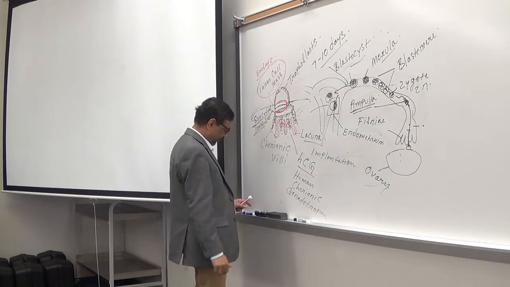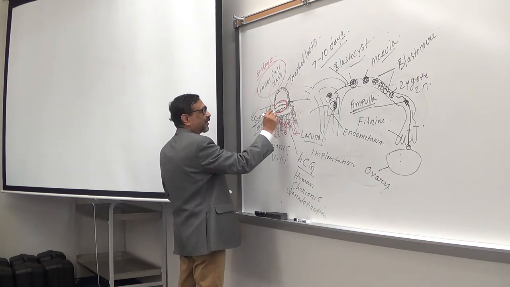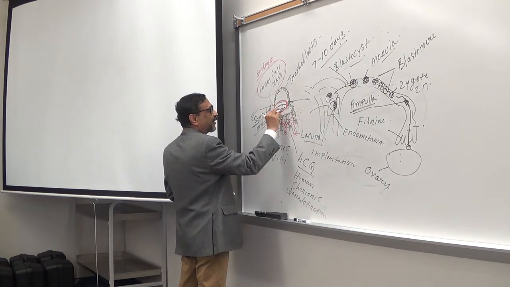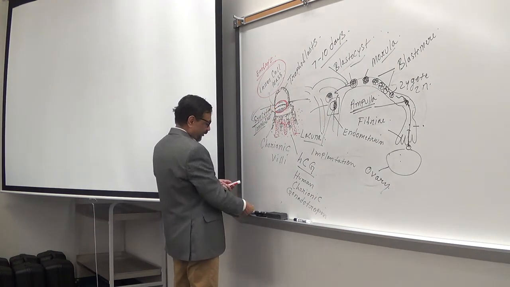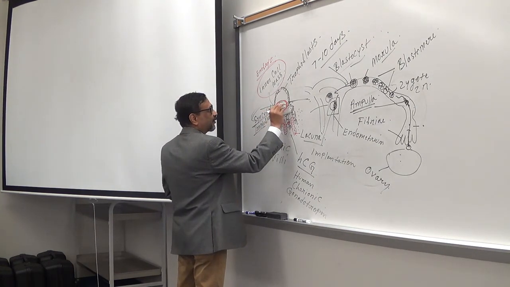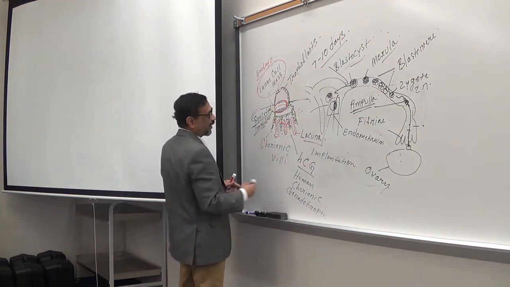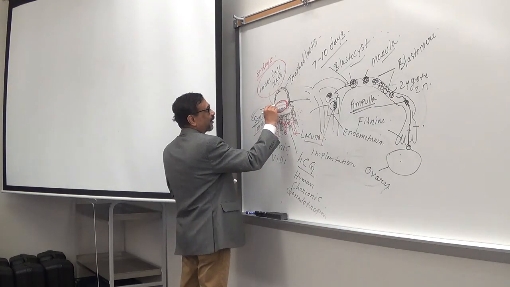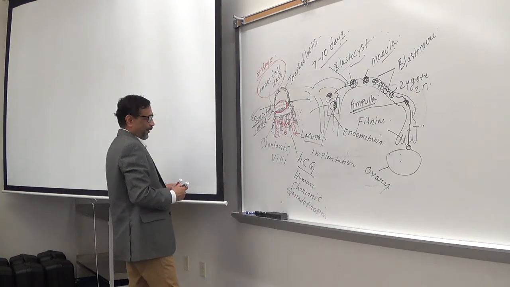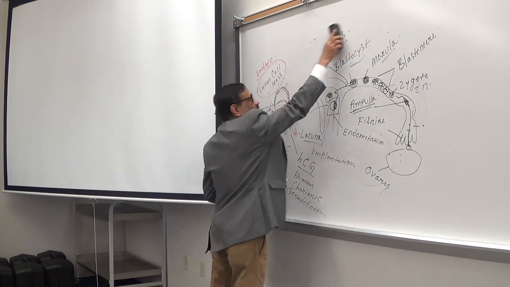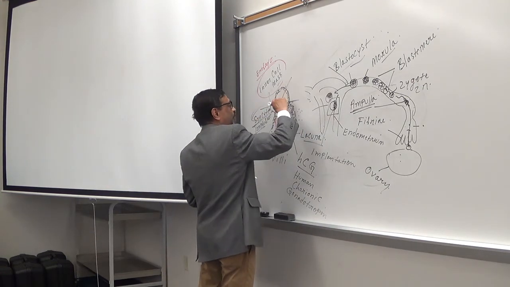How many? 3 layers. Like this is 1 layer, this is the middle layer, and this is the 3rd layer. And those 3 layers form the whole body.